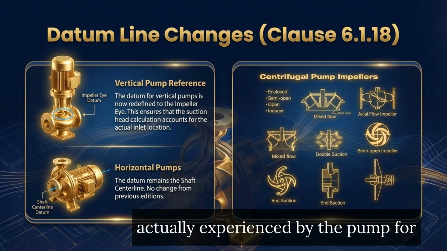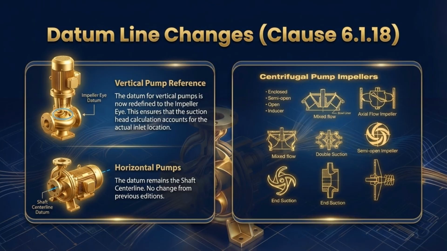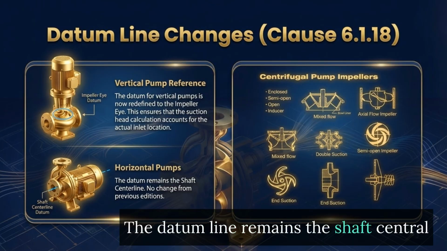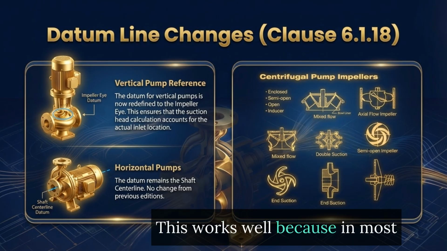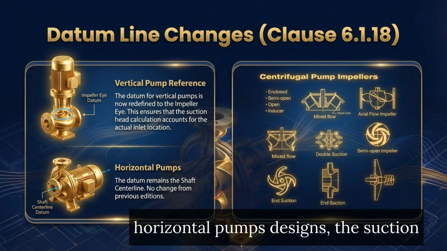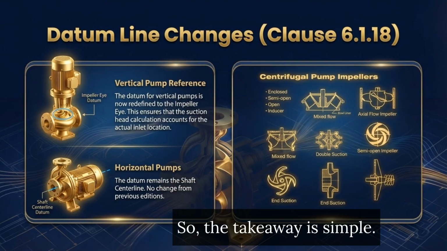by the pump. For horizontal pumps, however, nothing changes. The datum line remains the shaft center line, just as it was in previous editions. This works well because in most horizontal pump designs, the suction inlet and impeller are already aligned with the shaft center line. So, the takeaway is simple.